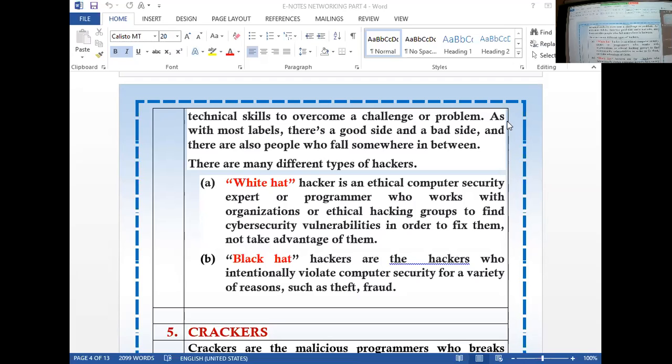So black hat hackers are considered dangerous, but white hat hackers are not at all dangerous. Rather, they are the persons who have proper knowledge about hacking and they are using their knowledge in a positive way for the benefit of society.